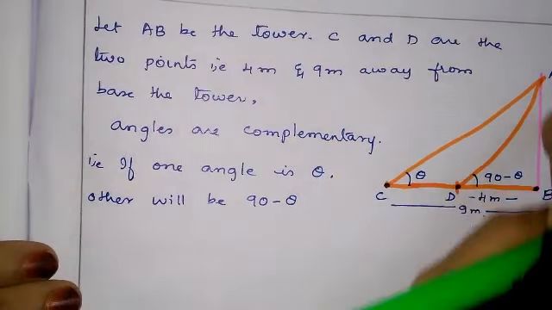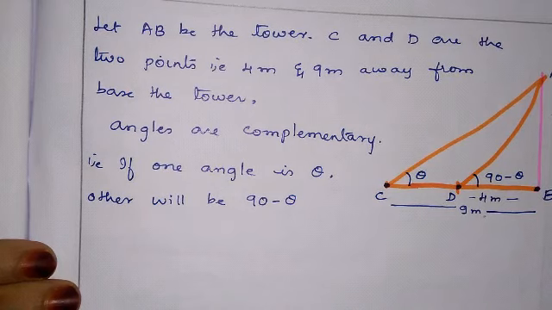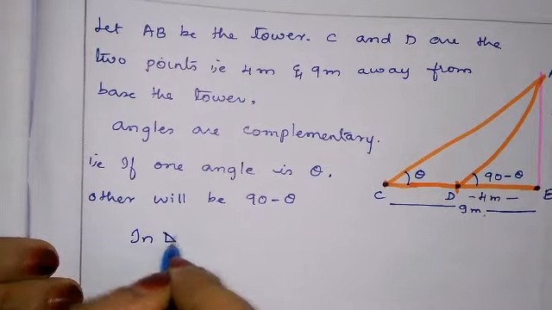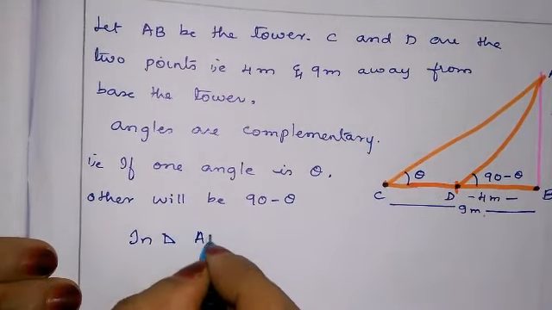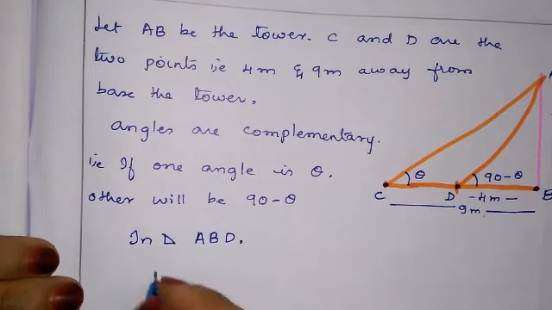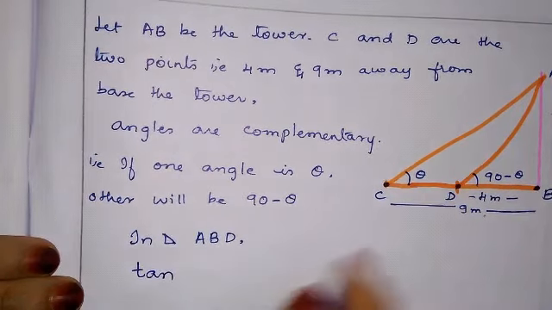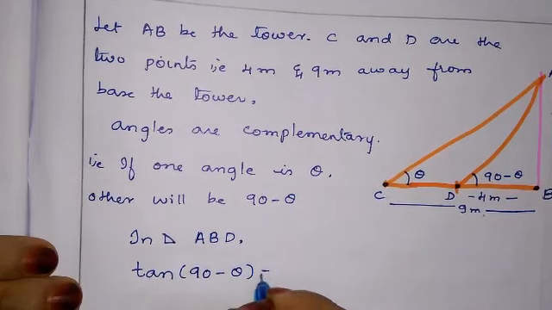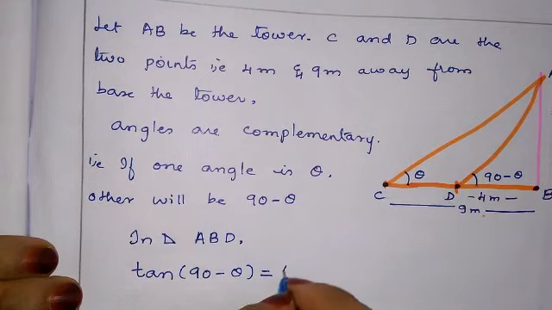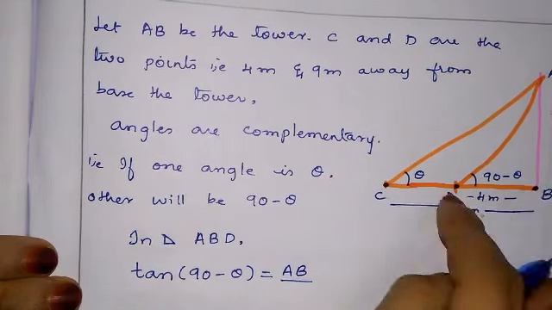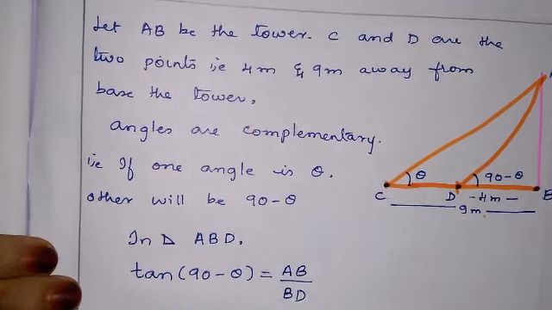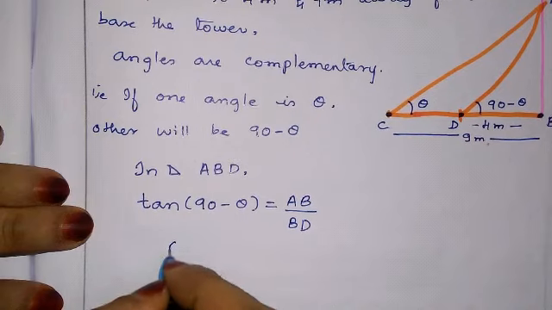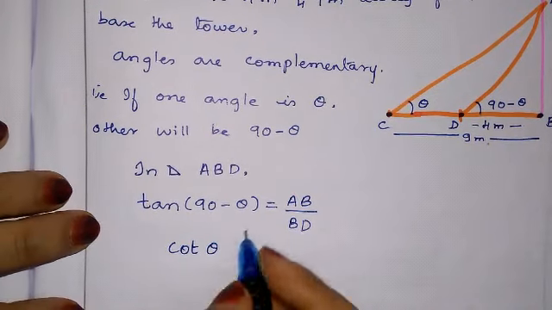Now let us start with the triangles. They have told to prove the height of the tower is 6 meter. In triangle ABD, tan 90 minus theta is equal to opposite by adjacent, AB by BD. Tan of 90 minus theta, according to the complementary formula, is cot theta.